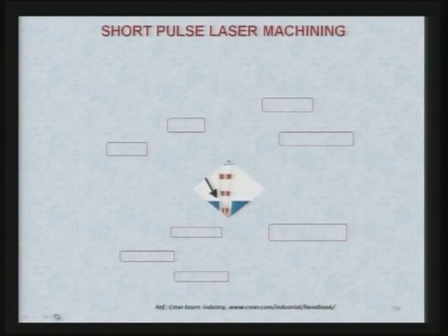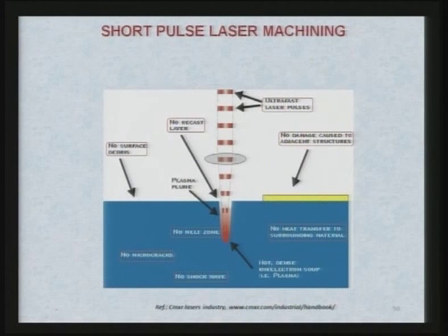Now, if we go for short pulse laser micromachining, whatever disadvantages or demerits we saw in case of long pulse laser beam machining, they are not seen over here. You can see that there is no damage caused to the adjacent structure over here. Second thing, ultra fast laser pulses are shown over here.